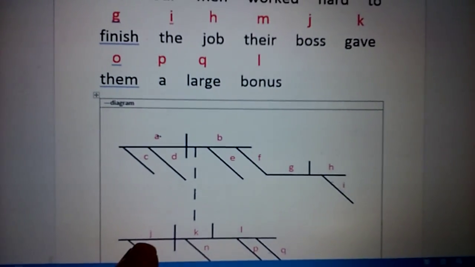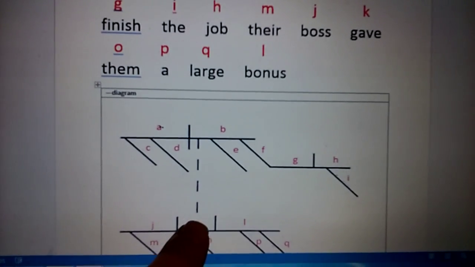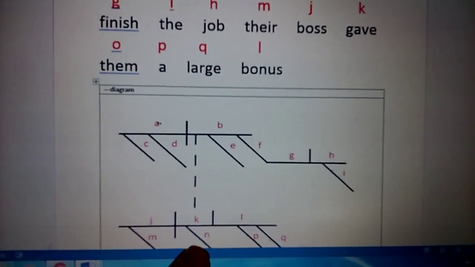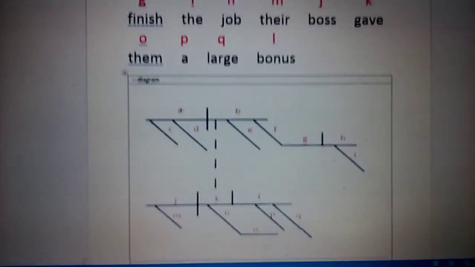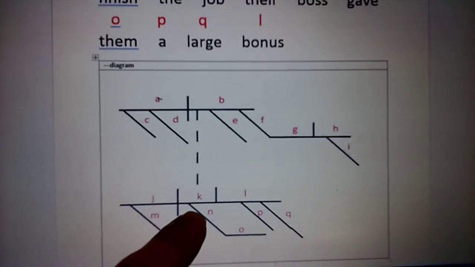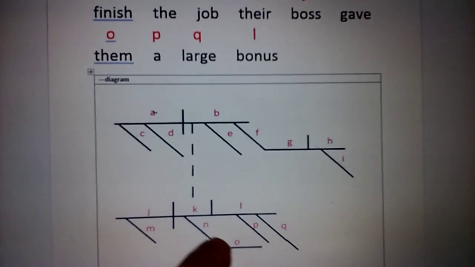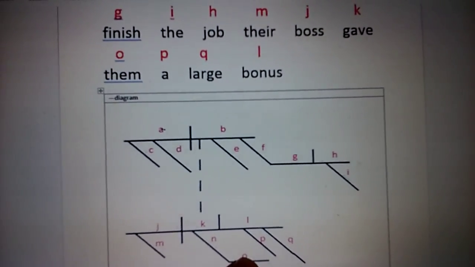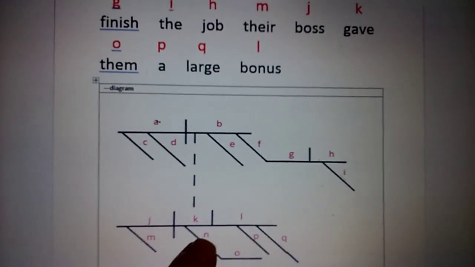So boss gave, but we need the complete subject in front of this line. Their boss gave. Now, N is misleading. I got to go down on this a little bit. Okay, N is misleading because this is that parentheses with the X, which means nothing goes here. Because your indirect object is going to go here, so nothing goes there.